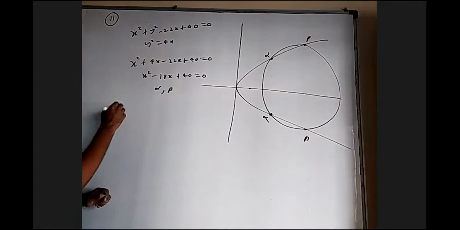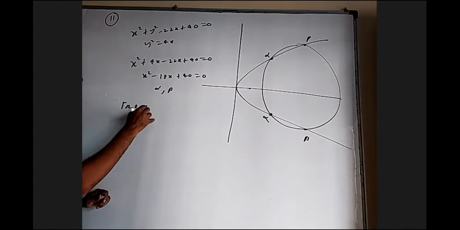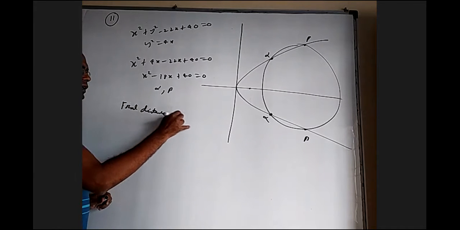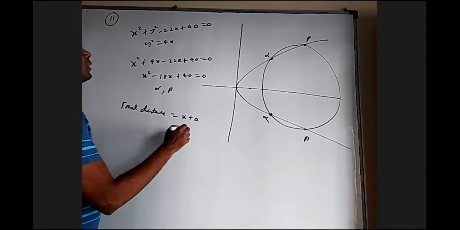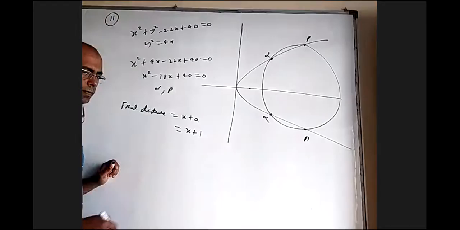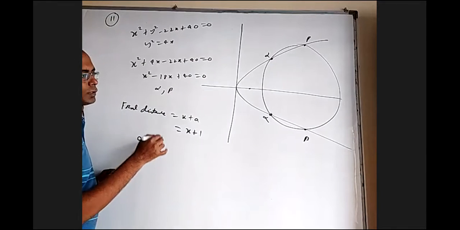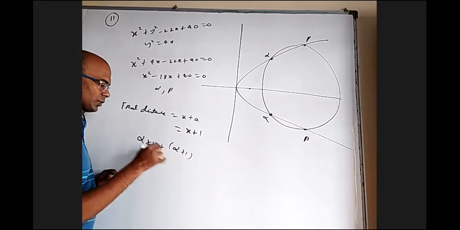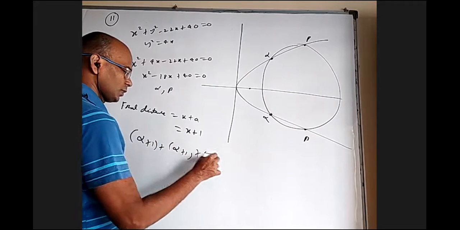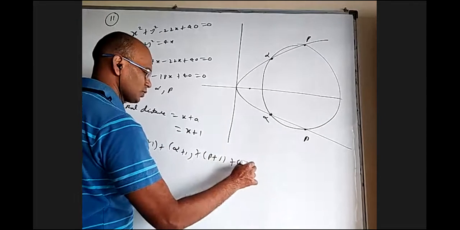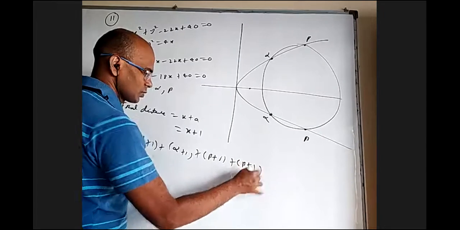Sum of the focal distances. Focal distance is normally x coordinate plus a. Here a is 1. So for that point, focal distance is alpha plus 1. For another one also alpha plus 1. For another one beta plus 1. For another one also beta plus 1. This is the sum of all the 4 focal distances.